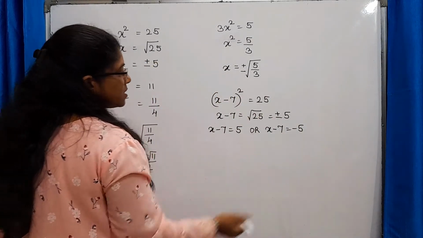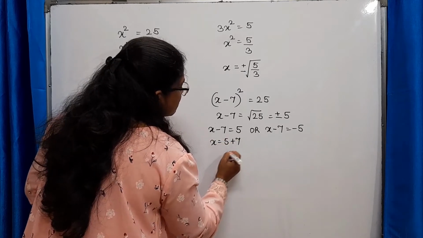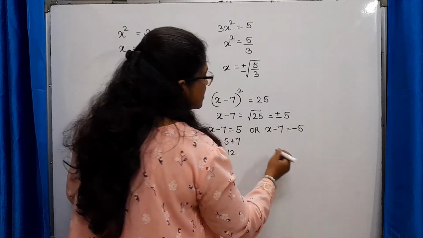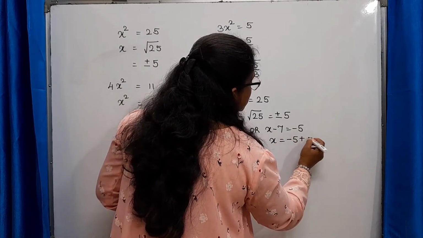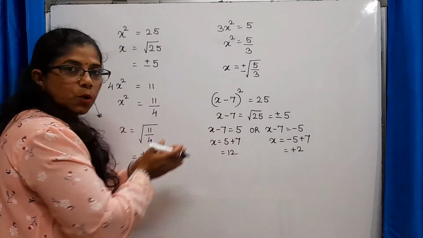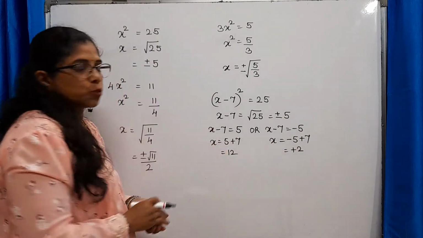If x minus 7 is plus 5, x is 5 plus 7, that is 12. And if x minus 7 is minus 5, x is minus 5 plus 7, and that is plus 2. So here the roots of this equation are plus 12 and plus 2.